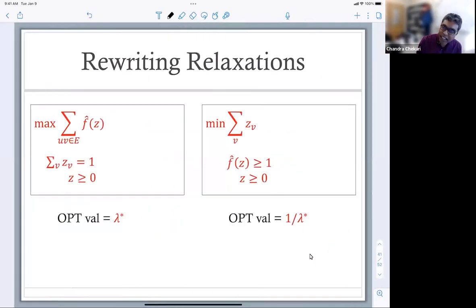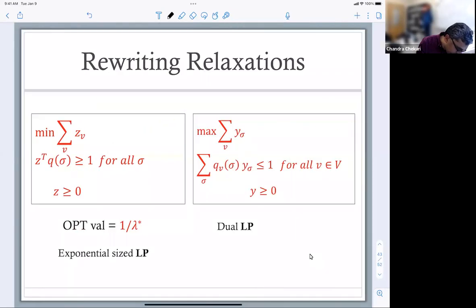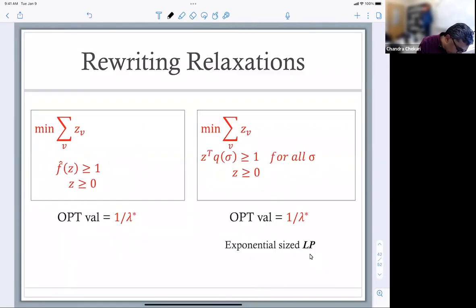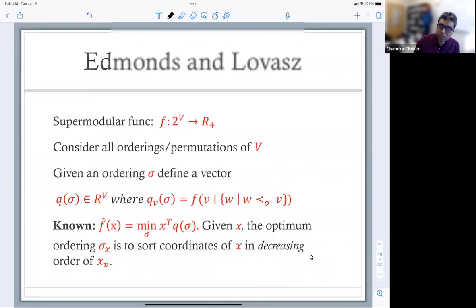We were able to rewrite this concave program via some simple transformations into a linear program using an exponential number of variables, by a characterization of the Lovász extension in a different way.